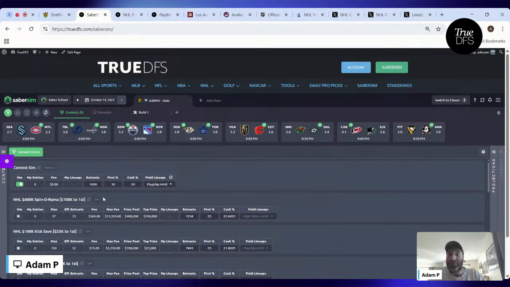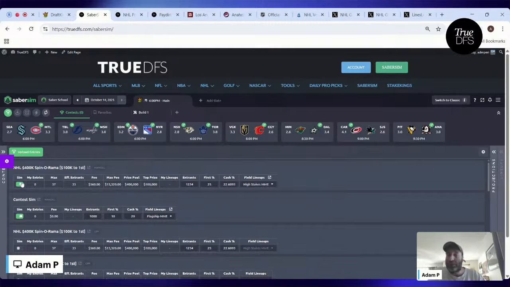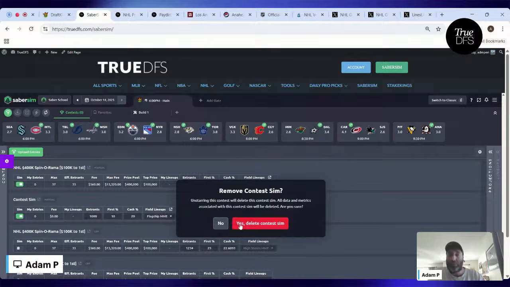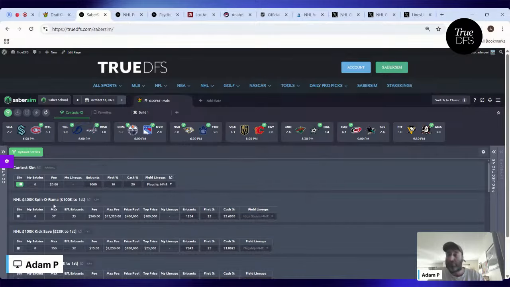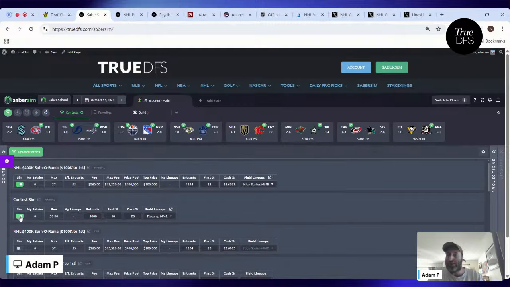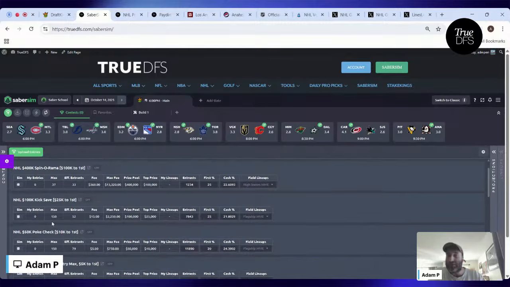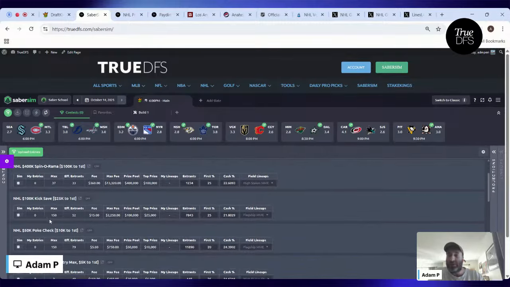Let's simulate the flagship. Why didn't this? There we go. So flagship high dollar at least for the, and then let's get the $15.